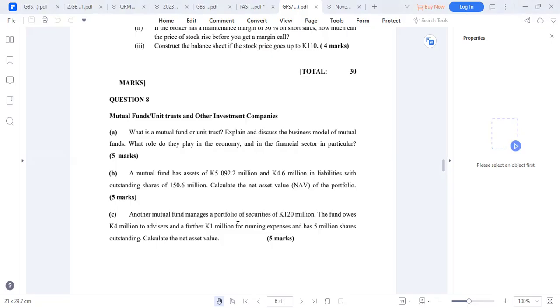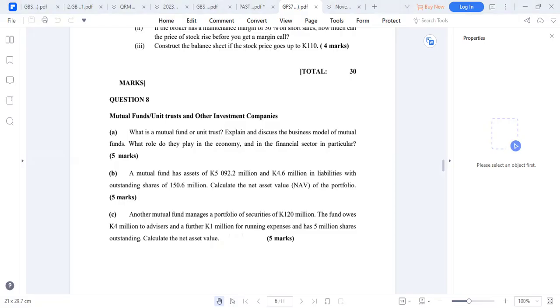So another mutual fund portfolio has 120 securities. The fund owes 4 million to advisors and a further 1 million running expenses and has 5 million shares. So this one was a little bit tricky but interesting. We want to calculate the NAV. So what is our total assets?